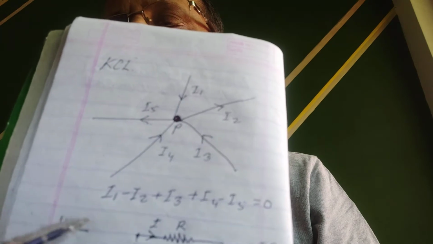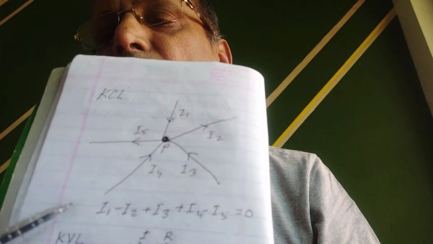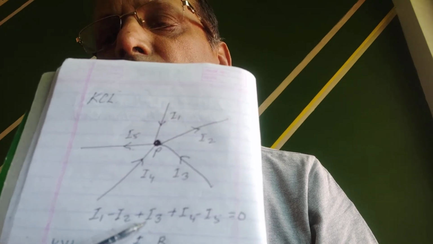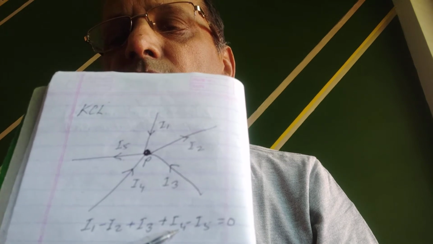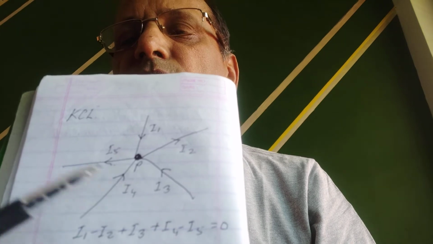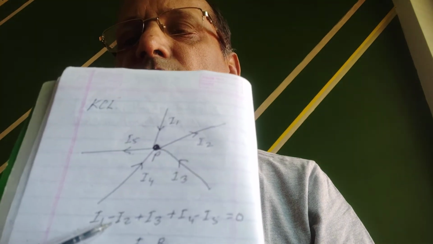So the equation frames like this: I1 minus I2 plus I3 plus I4 minus I5. You just see the directions, and according to that this equation is written.